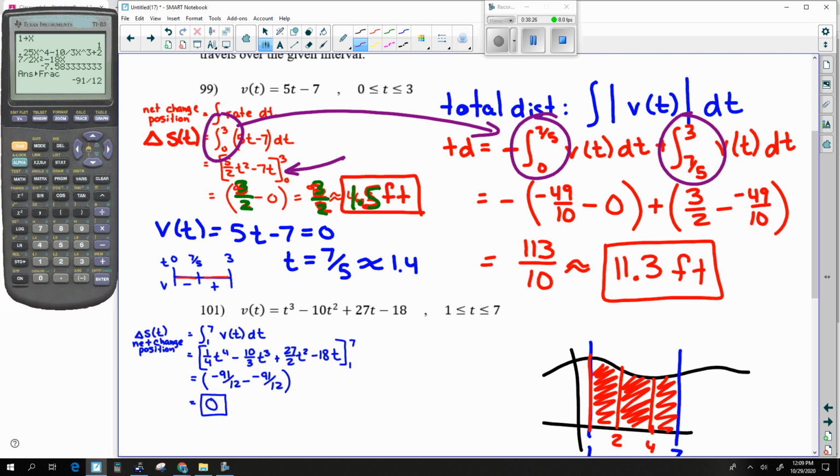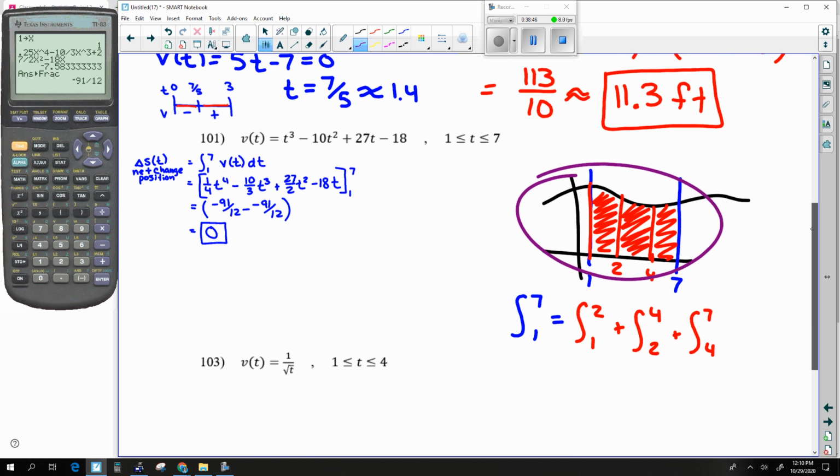All I'm doing is negating the negative portion of that by turning that negative portion positive. But I'm using the concept of representing a grand integral by breaking it up into smaller integrals.